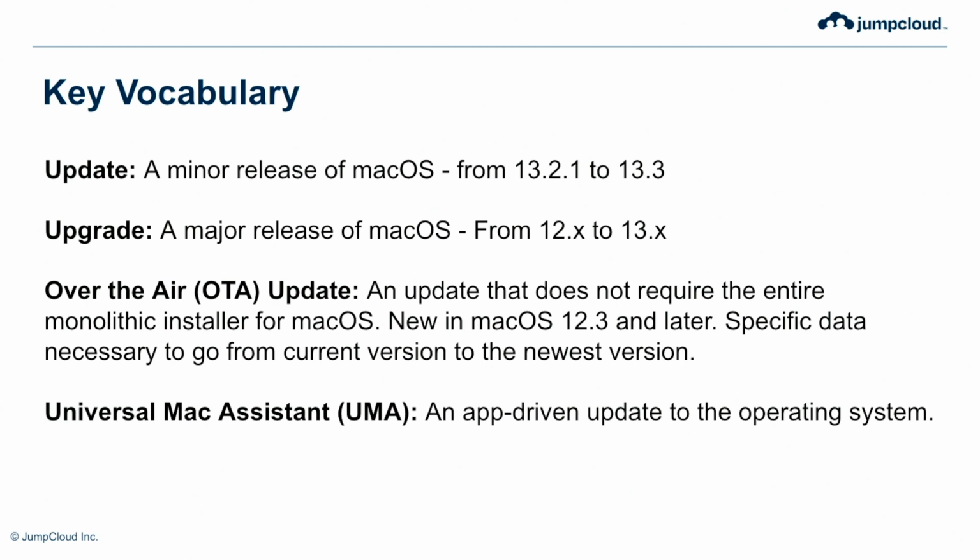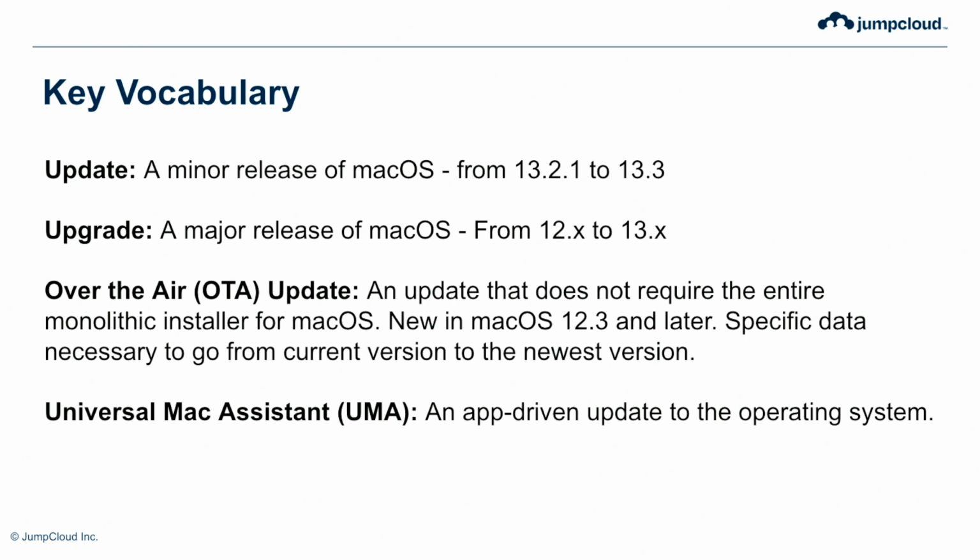All of those are updates. Apple very clearly demarcates a line between an update and an upgrade. Upgrades are major releases in the operating system. So you go from 12.3 to 13, or you go from 11.5 to 13. Those are major upgrade operations.